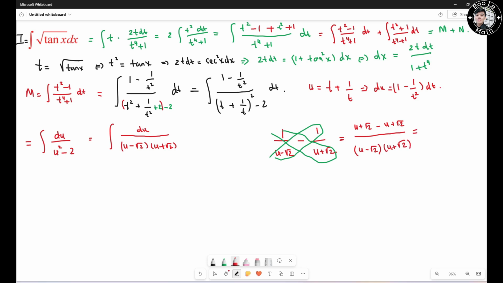If I simplify this, it turns out to be 2 root 2 over u minus root 2 times u plus root 2.